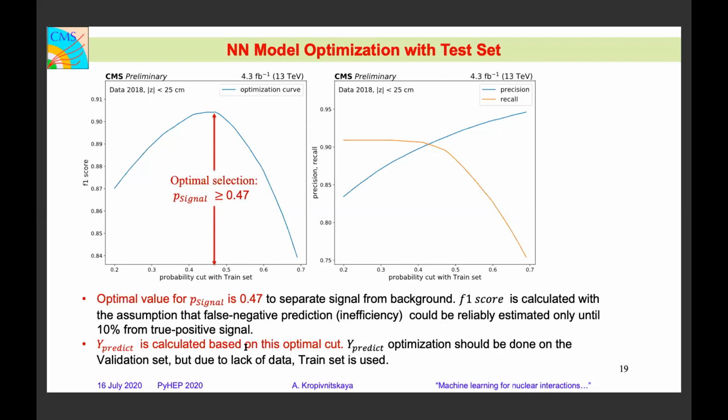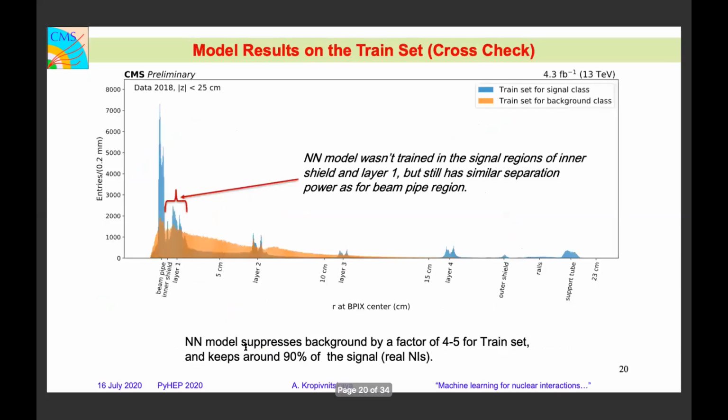So now, when we have our predicted values, we are ready to look at the results. First of all, we start from the train set, and I would like to say that this is only for the cross-check. Here we can see a radius distribution centered at the BPX center for our train set.